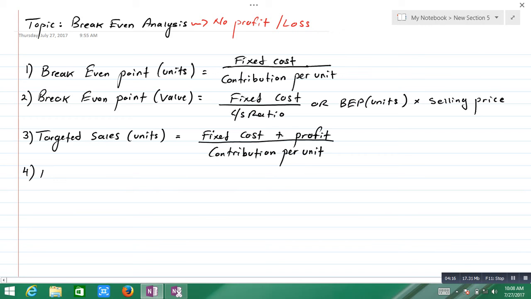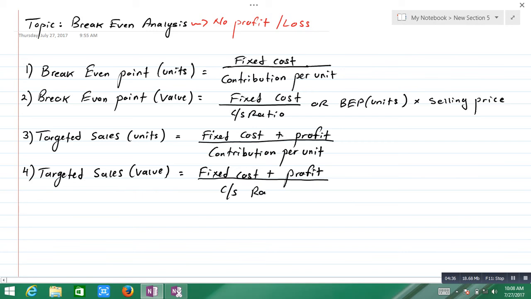Number four, targeted sales value: fixed cost plus profit over CS ratio, or targeted sales in units times the selling price.